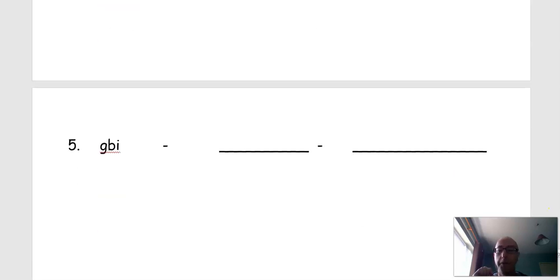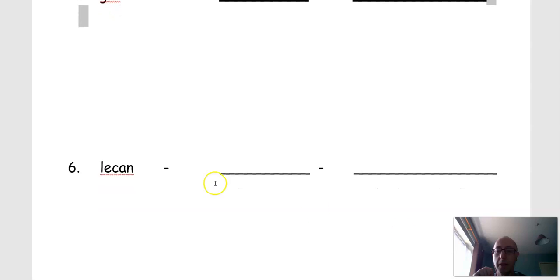Okay, number 5. This you're going to do yourself. This is easy. G-B-I. What word is that? We'll put it here. And what is the opposite? Number 6. What's this word? Begins with a C. I help you. And what's the opposite?